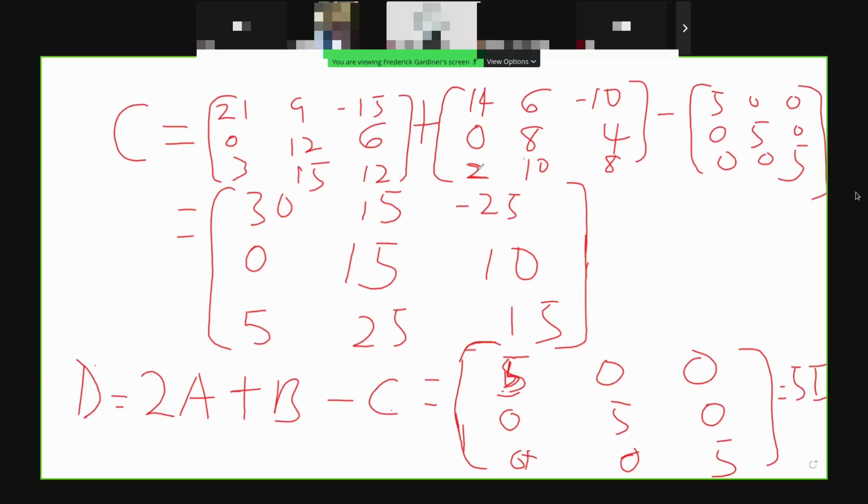So let's see if we can do something on determinants. So let's ask for the matrix.